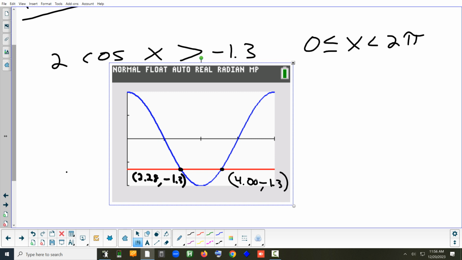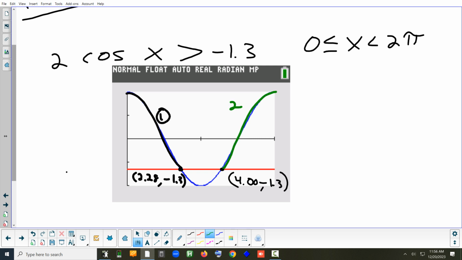Okay. So now, how many sections of that blue graph are above negative 1.3? 2. There's this section, so we'll call that section 1, and section 2. Okay. Let's describe section 1. Where does section 1 start? 0.